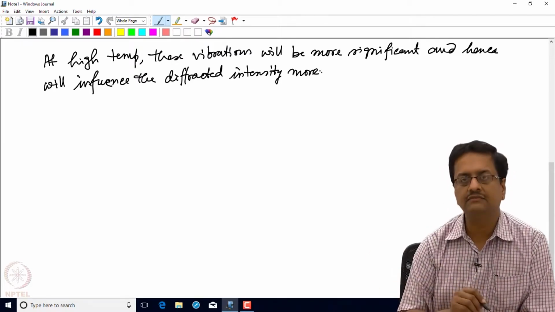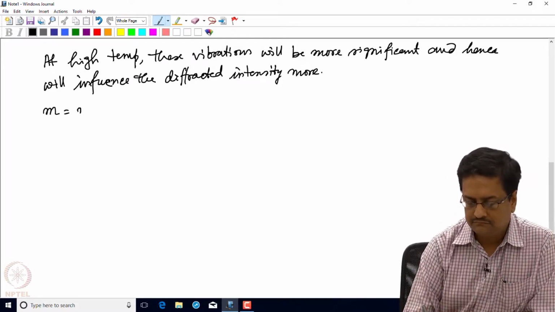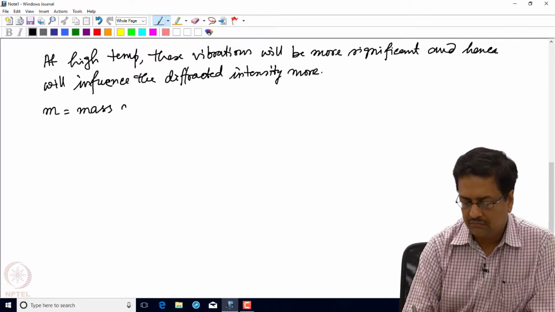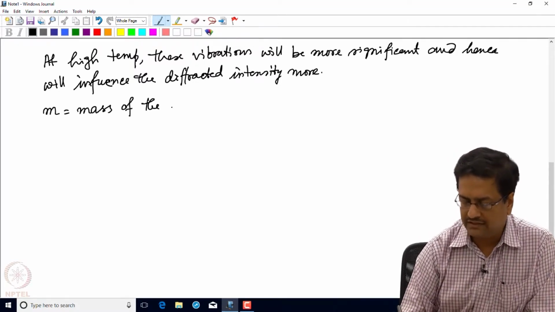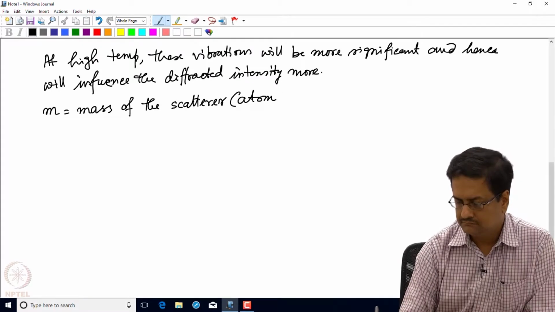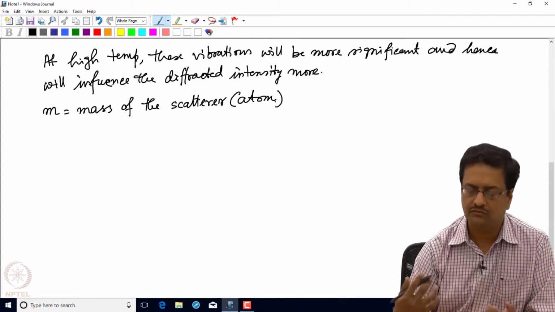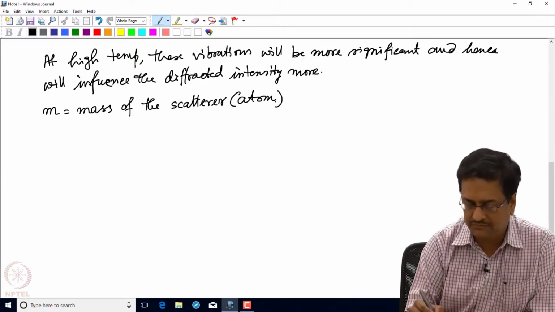And also this thermal vibration depends on the mass m of the scatterer or atom, because the heavier the mass, the lower the vibration.